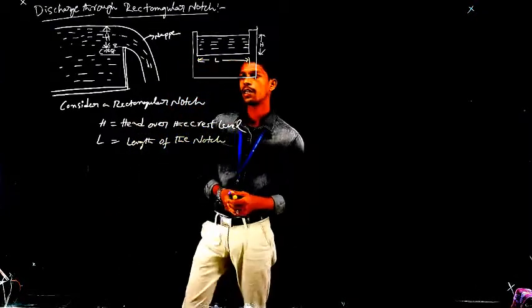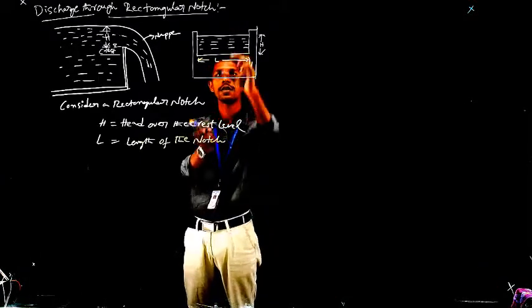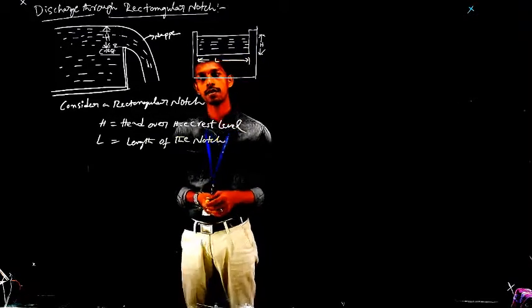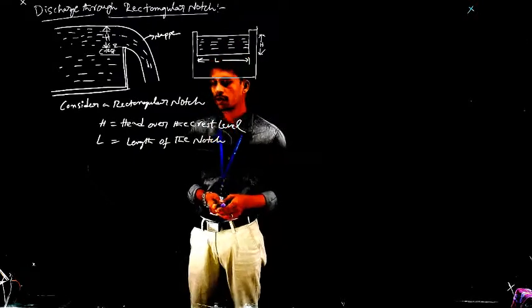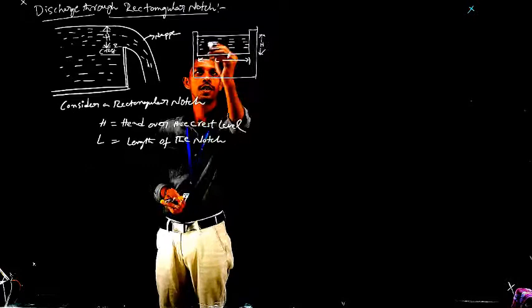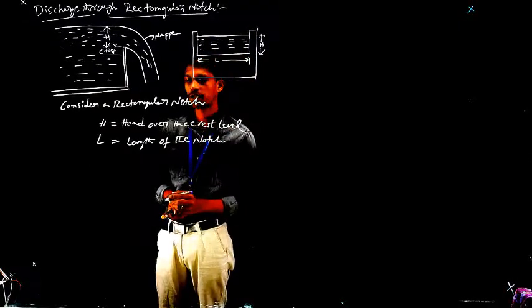To solve the expression for discharge, we cannot calculate for the entire depth we have. For that purpose we have to consider an elementary strip in this particular water level at a height of small h.